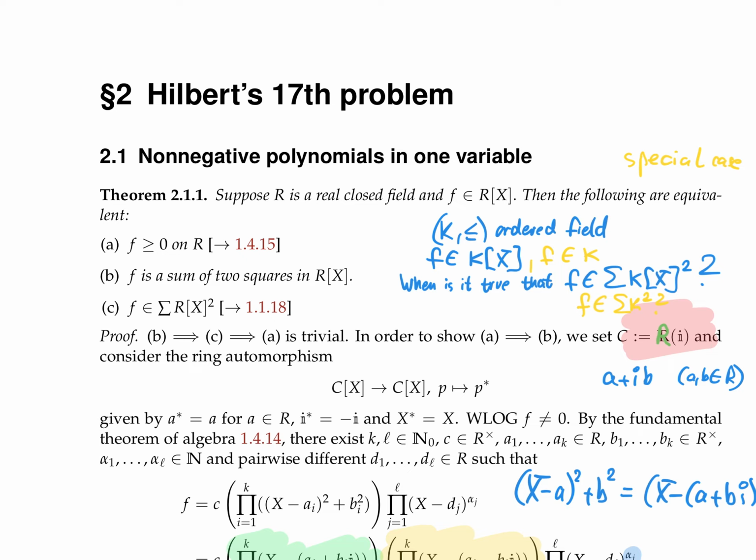So if you think about that, it seems quite reasonable that in this case one replaces this condition by another condition saying that f is a sum of weighted squares where the weights are non-negative elements from my ordered field K less than or equal.